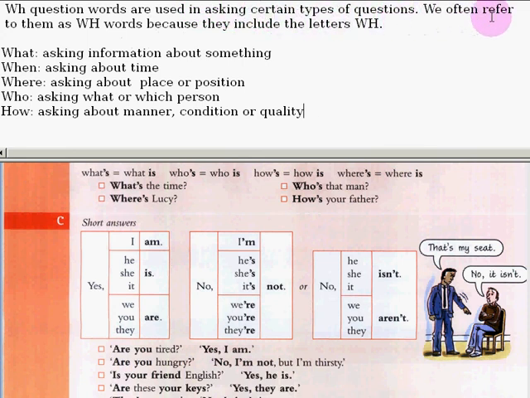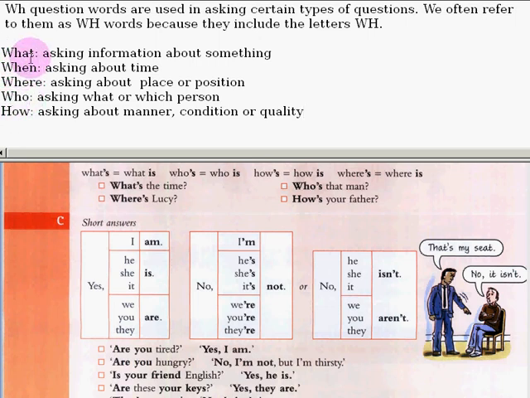We often refer to them as WH words or WH questions because they include the letters WH. The 5 most basic WH question words are what, when, where, who, and how. As you can see, all these words right here have the letters WH.